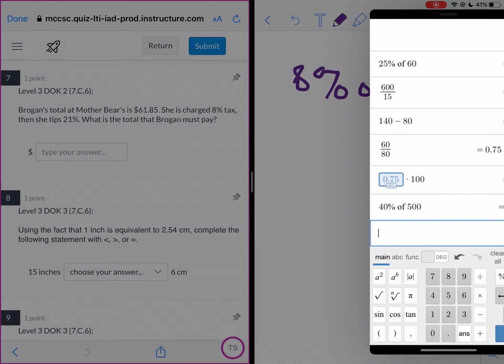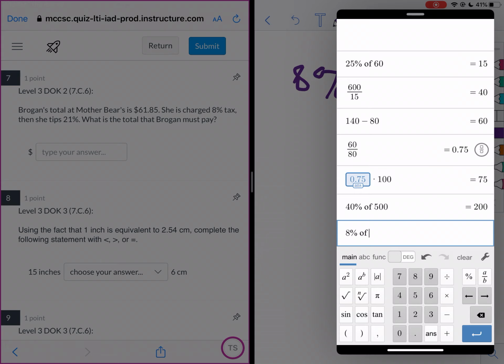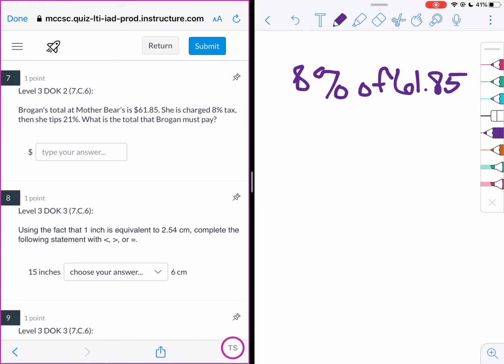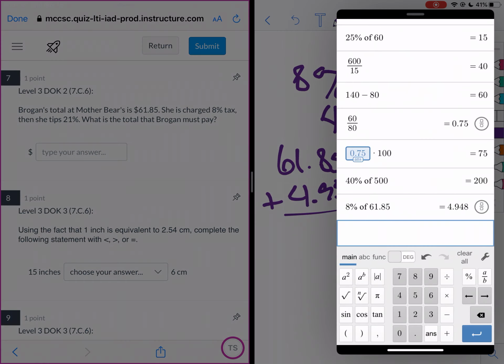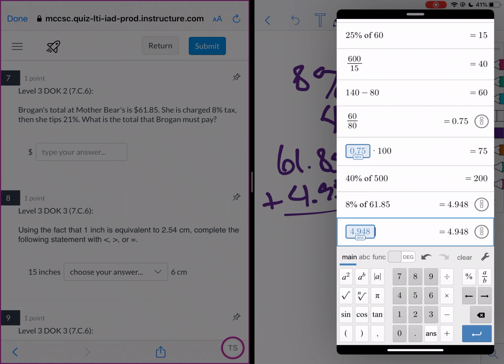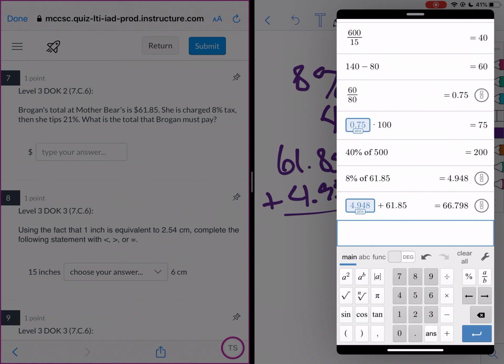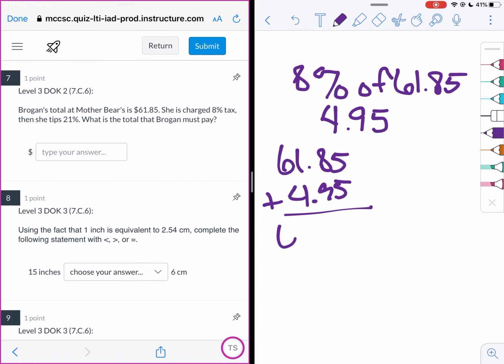So let's find that. 8% of $61.85 gives us $4.95. So we have to add those, so $61.85 plus the $4.95, and you can always use your calculator. $66.80.